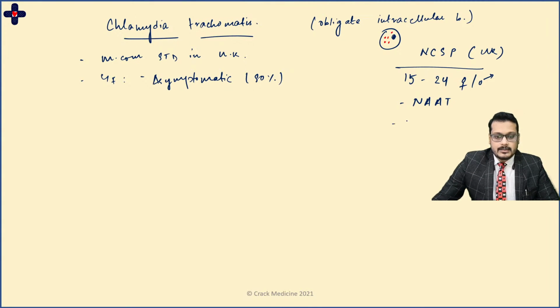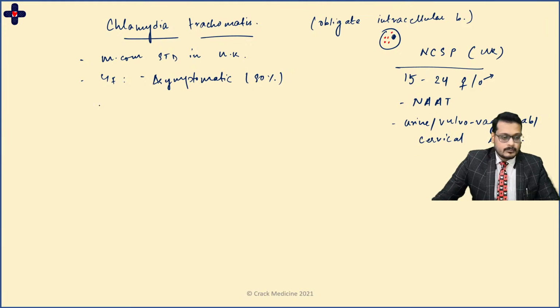Now the samples for NAT will be what? They can be the urine sample, the vulvovaginal swab, or higher cervical swabs. Yes, Kartik Priya, NAT is correct. But if they mention symptoms, in females it will usually be cervicitis.